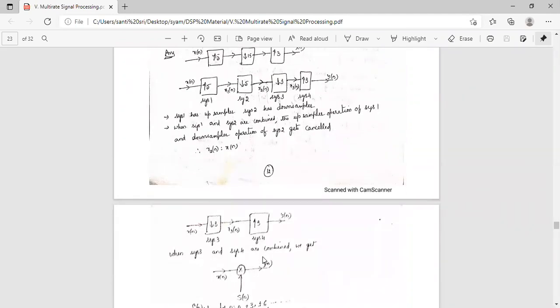Next, system 3 and system 4 are there. x of n is the input of system 3. Here also there are upsampler and downsampler operations. These two will be cancelled. So y of n will be x of n here.